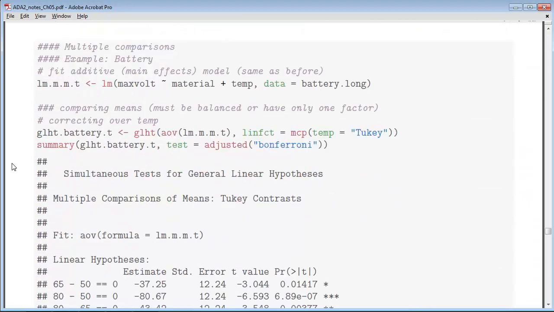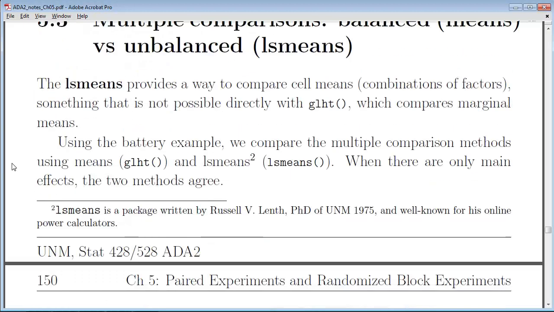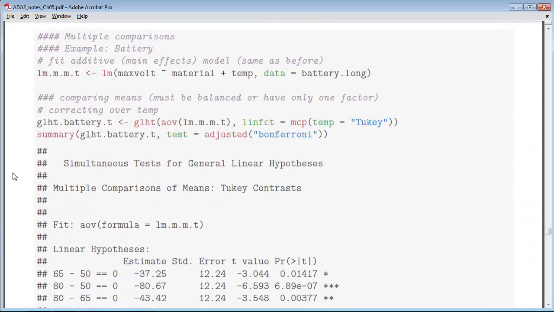All right. So I guess I have one more comment there. When we have main effects models and the sample sizes are equal between groups, these two methods are going to agree, but lsmeans is always going to give us the right answer, whereas the general linear hypothesis test can sometimes be misleading.